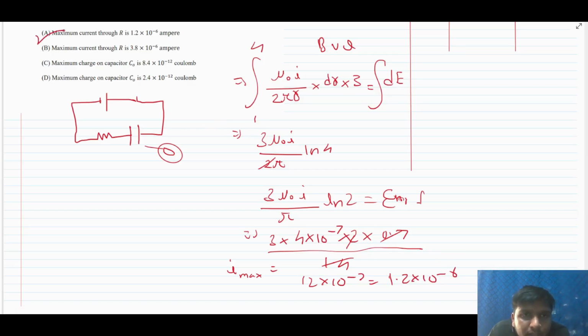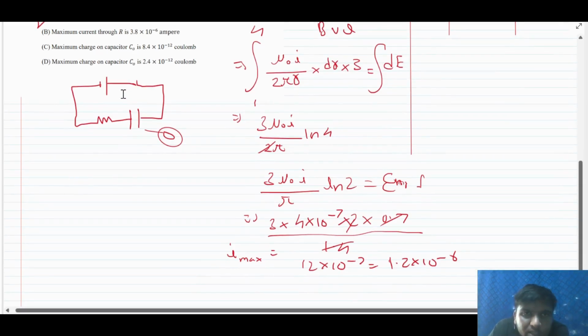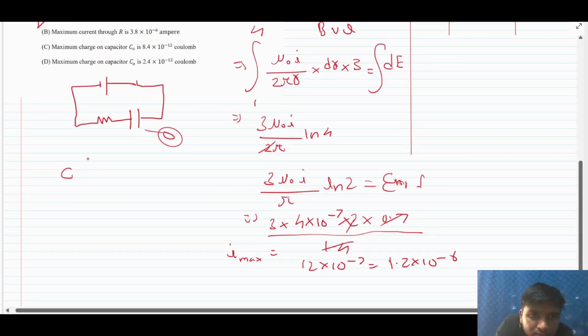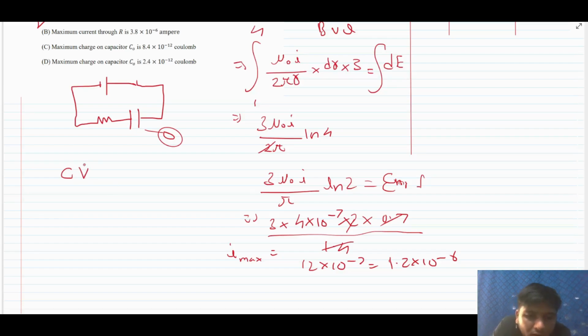Yes, option A matches here. And what is the maximum charge on a capacitor? We know that C equals Q by V, so Q equals CV. What is V? V is the voltage here, or the EMF generated.